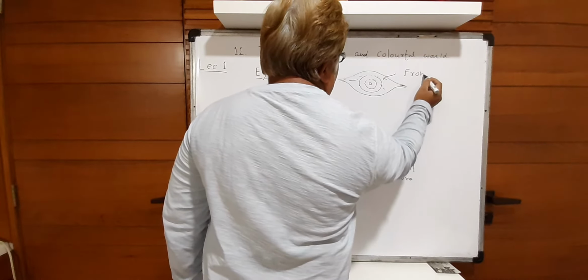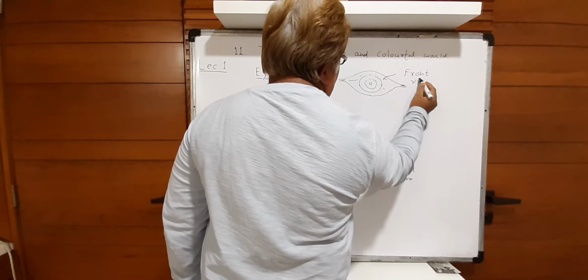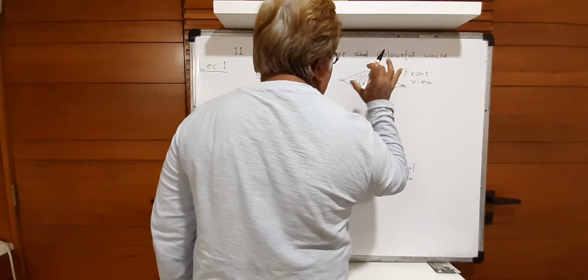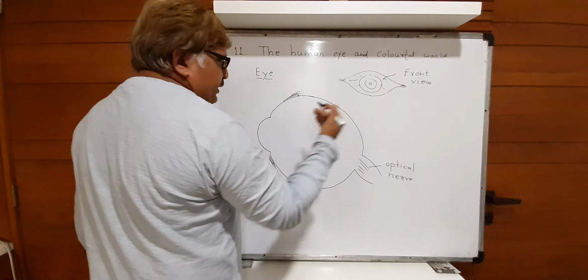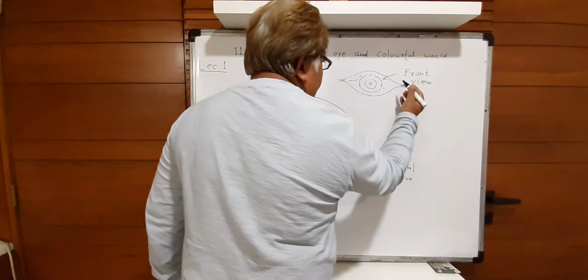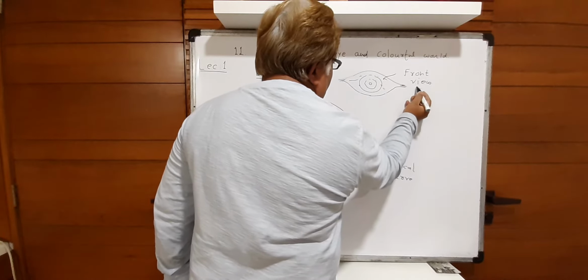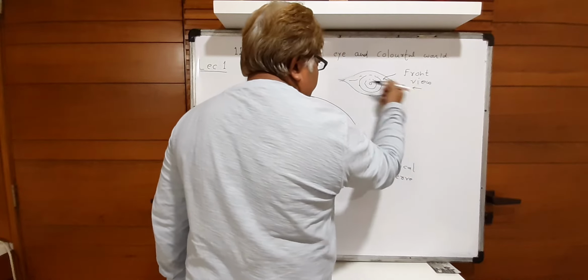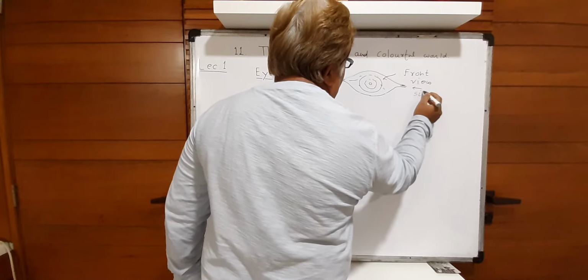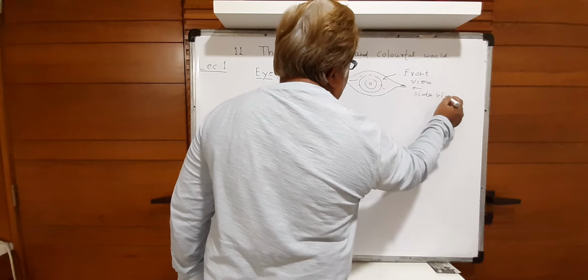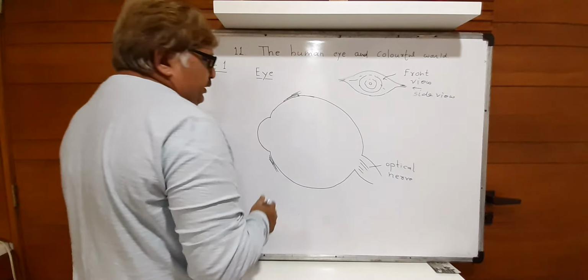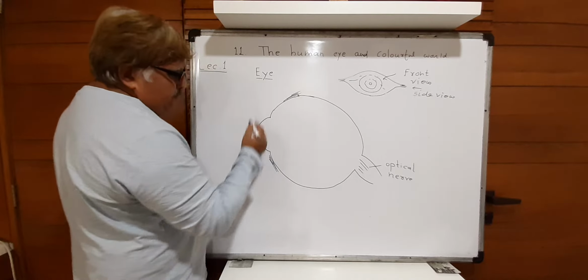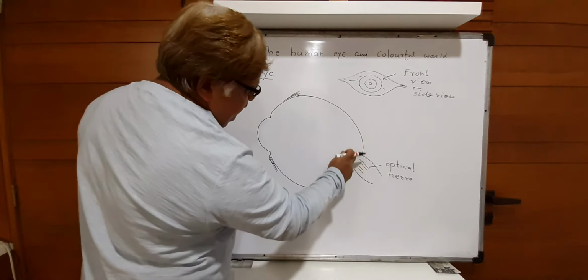But what we are trying to study is not the front view of the eye. Actually, we are trying to see the eye from the side. What I am trying to draw here is the side view of our eye. So first a perfect circle.